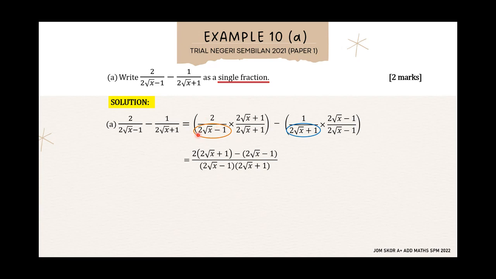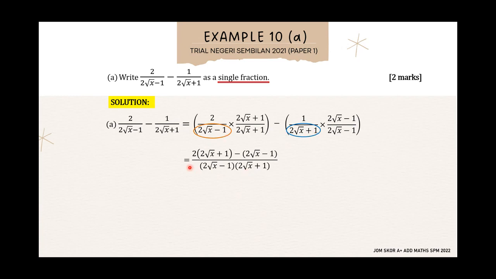So, untuk yang pertama, bracket yang pertama, kita akan darabkan numerator 2 multiply by 2 third x plus 1. Okay. Untuk bracket yang kedua, 1 times 2 third x minus 1. Kita darabkan saja. Okay. And then untuk denominator, kedua-dua nilai adalah sama untuk kedua-dua fraction.